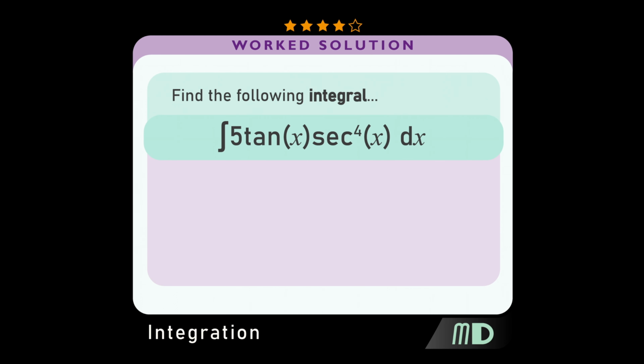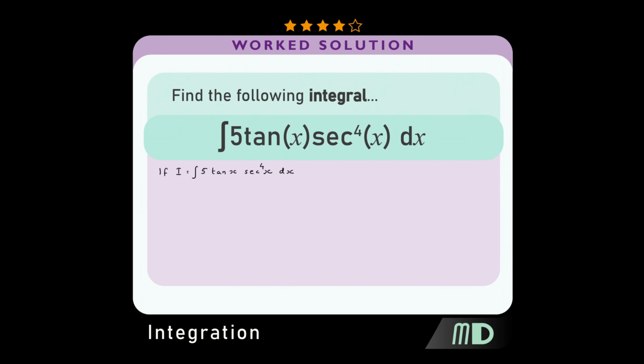To begin, if I is equal to the integral of 5 multiplied by the tangent of x multiplied by the secant of x raised to the power of 4 with respect to x, then the inner function we need to differentiate is the secant of x raised to the power of 4.